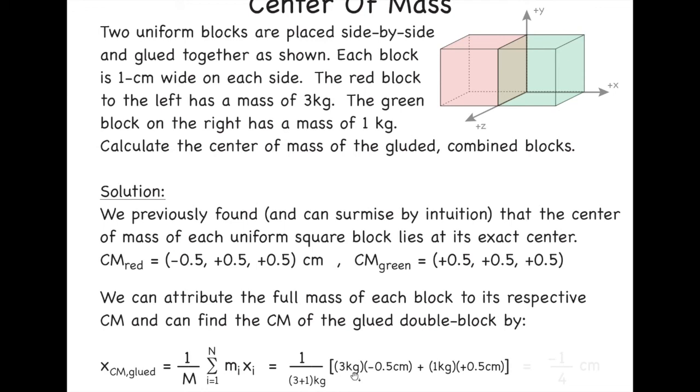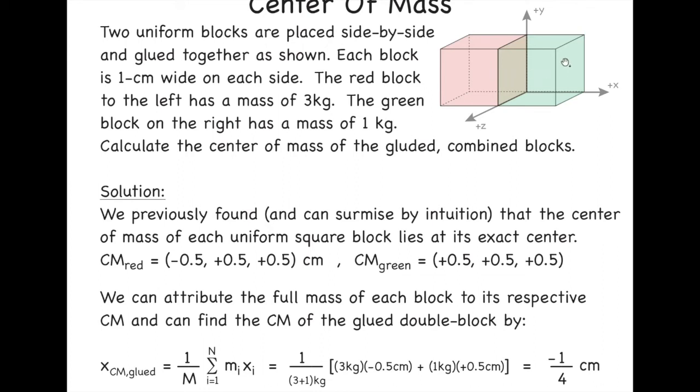The individual blocks are 3 kilograms at minus 0.5 centimeters, plus 1 kilogram for the green block, times plus 0.5 centimeters for its x-coordinate, which when we throw that all into a calculator, we get exactly minus 1/4 centimeter, so that the center of mass of this composite block lies at minus 0.25 centimeters in the x direction.